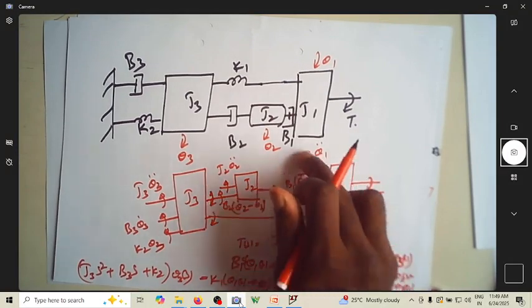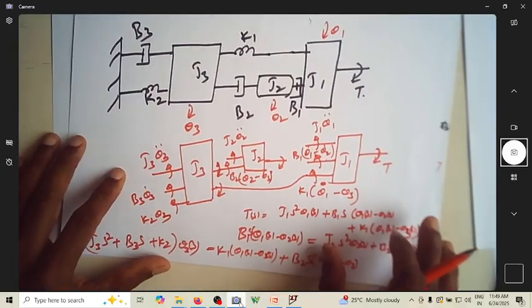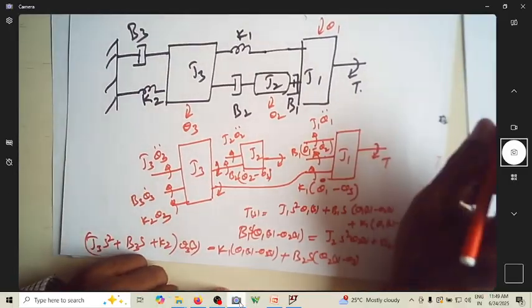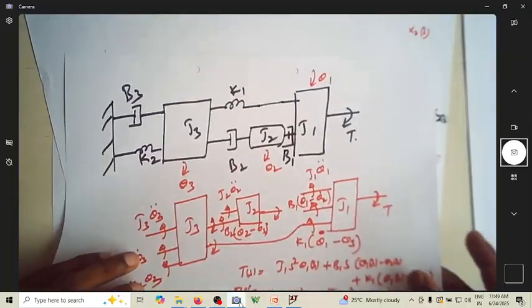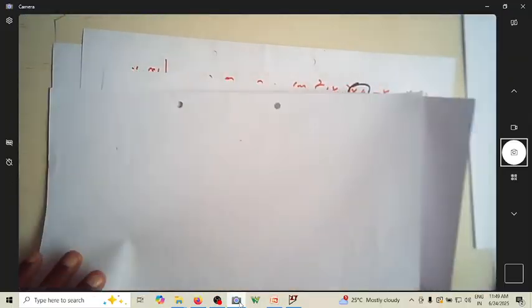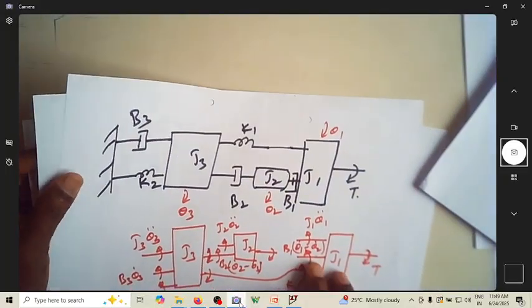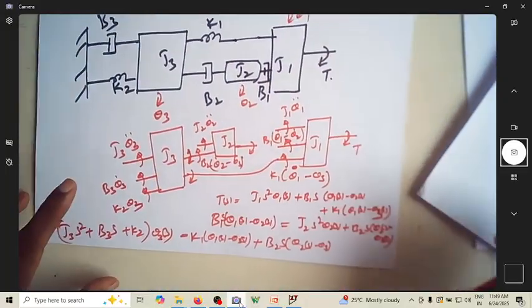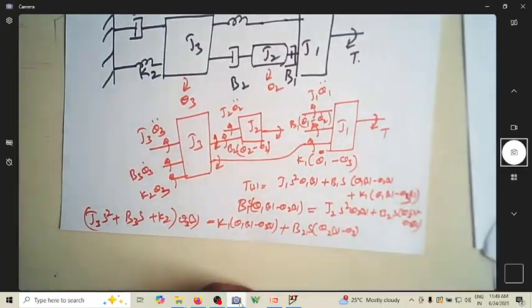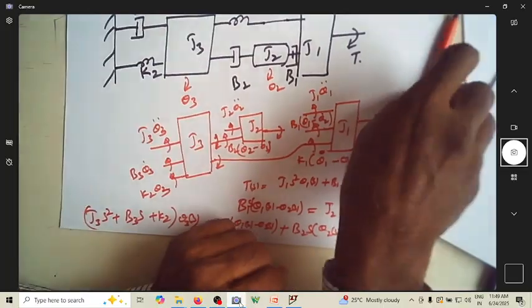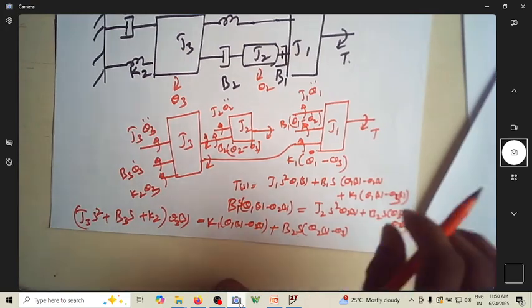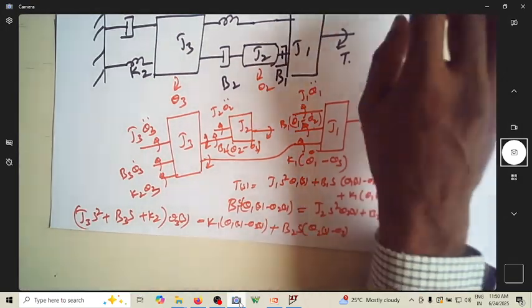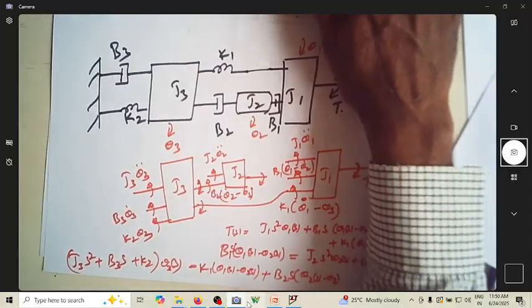Okay, I hope you can write the free body diagram of a given mechanical system. The key is identification of the displacements of the system. So how many displacements are there in that given mechanical system?